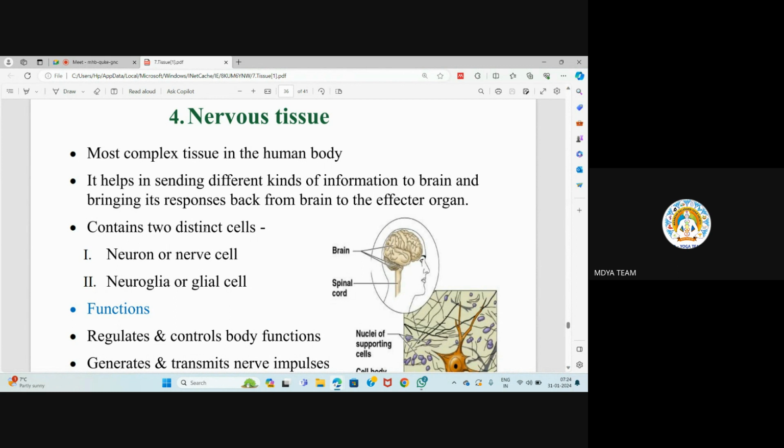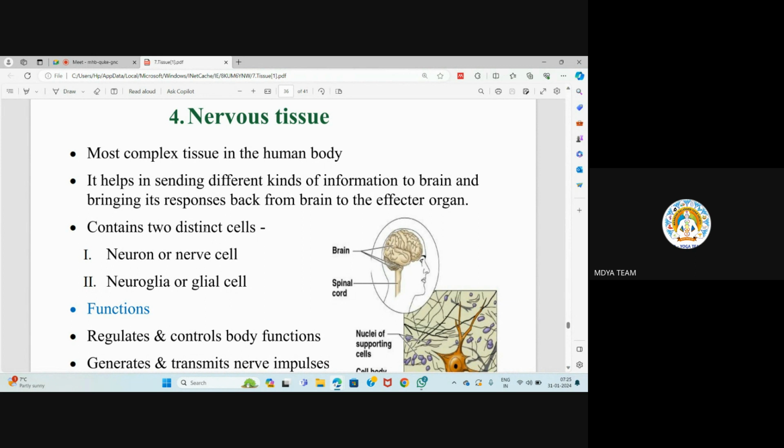Now it contains two distinct cells, neurons or nerve cells and neuroglia or glial cells. So nervous tissue is made up of two different kinds of cells. First is neurons or nerve cells and second is neuroglia or glial cells.